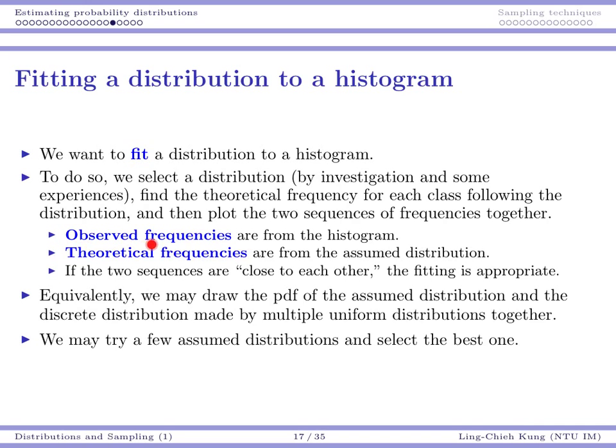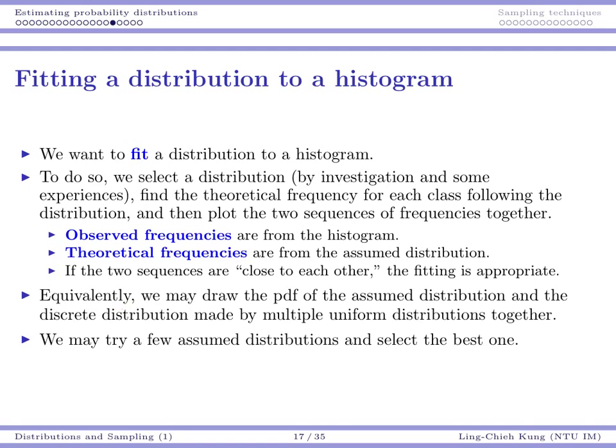One is observed frequencies from the histogram, the existing data, and the other is theoretical frequencies from our assumed distribution. We have true data from where we observe frequencies, but we also have an assumed distribution from where we get the frequencies that we should see if the distribution is right. So if the two sequences are in some sense close to each other, then our fitting would be appropriate.